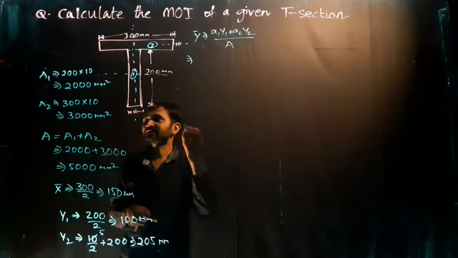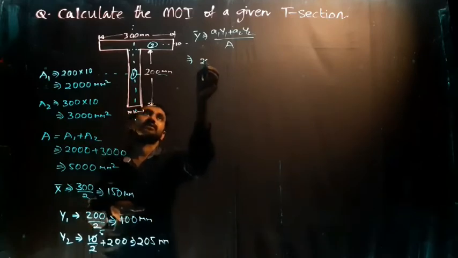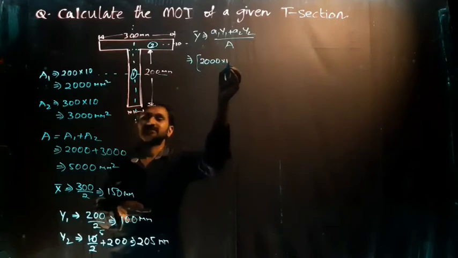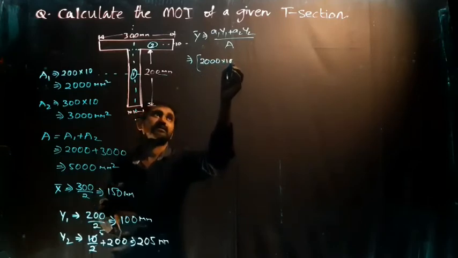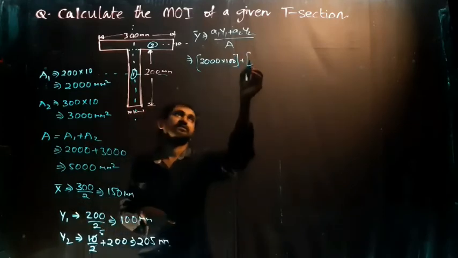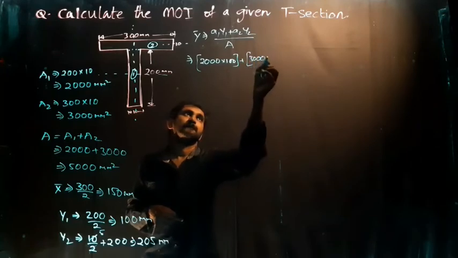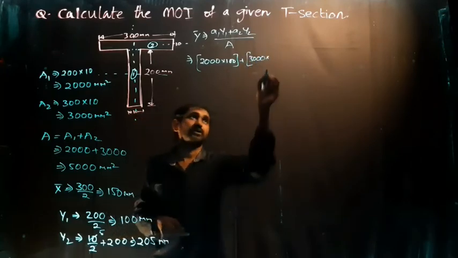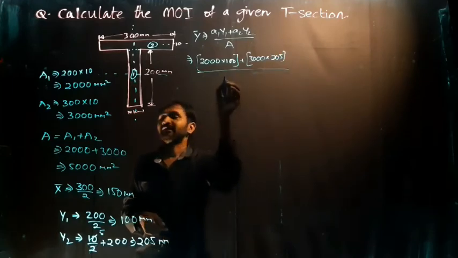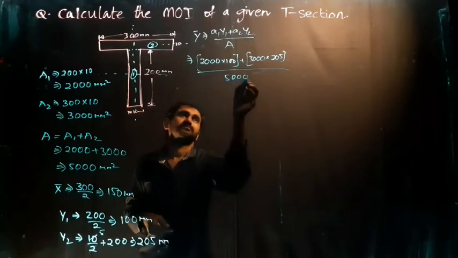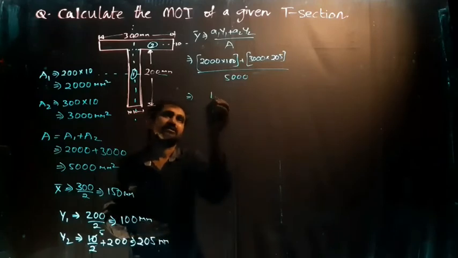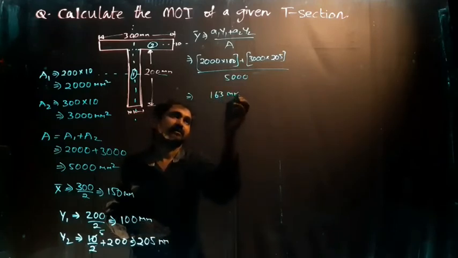A1 is the area of the section, that is 2000, into y1 which is 100, plus A2 which is 3000, into y2 which is 205, divided by capital A which is 5000. So I'll get the value of y bar as 163 mm.